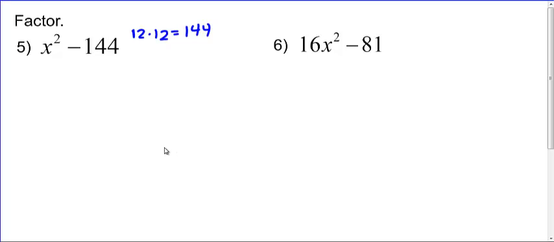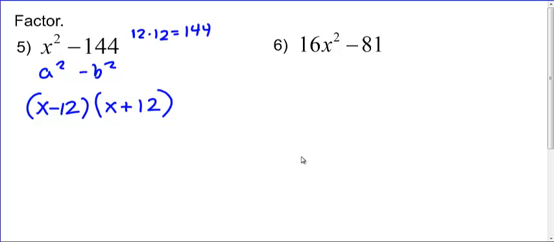I'm quite confident that my 9th and 10th graders can handle it. And so what we've got going on here, x squared minus 144, there's no middle term. How does that happen? Well, that's when we have the a squared minus b squared situation, which factors down to (a + b) times (a - b). So this is (x - 12) times (x + 12).